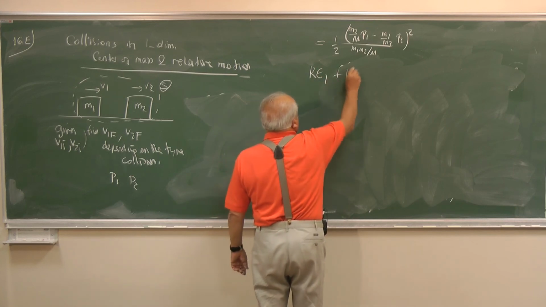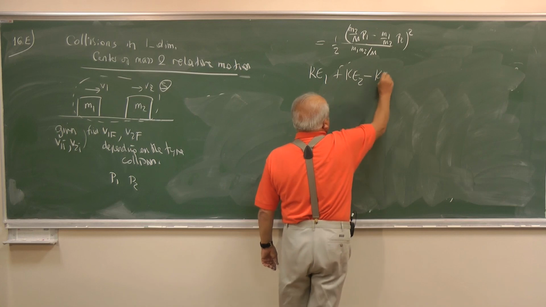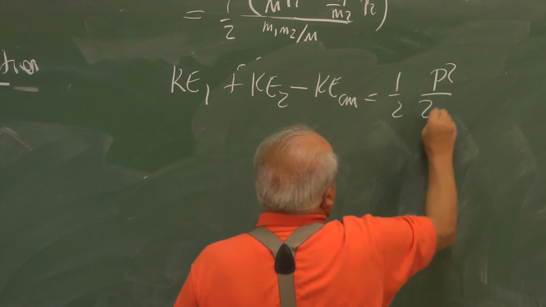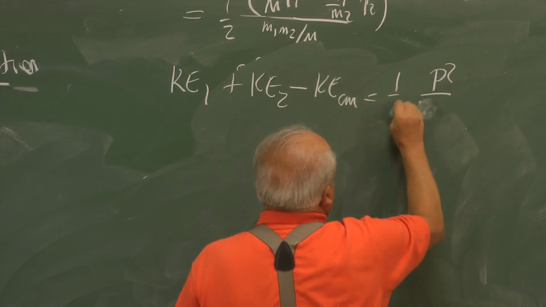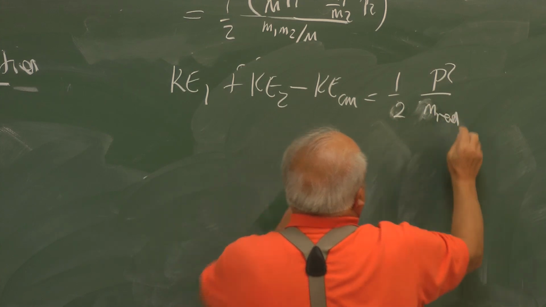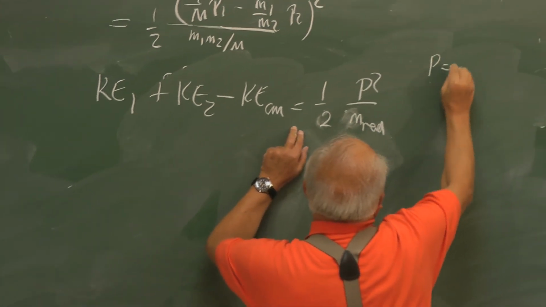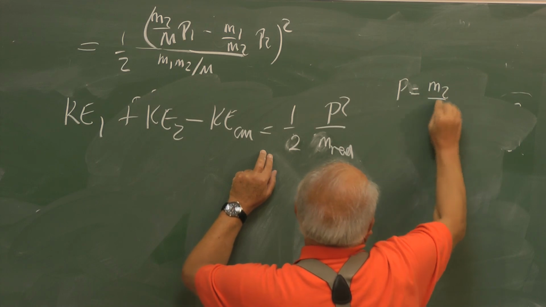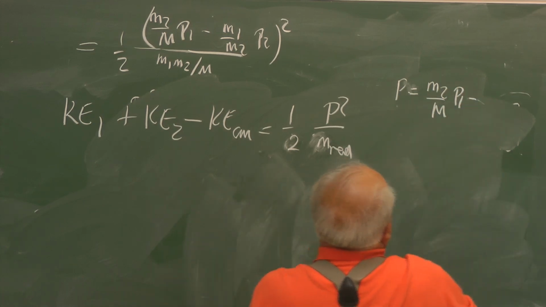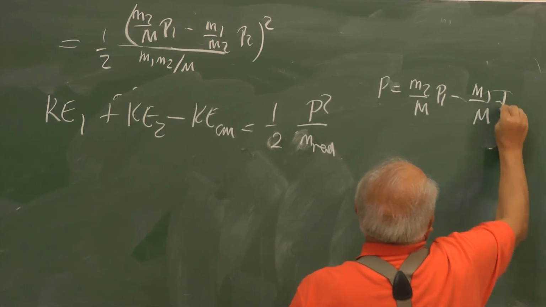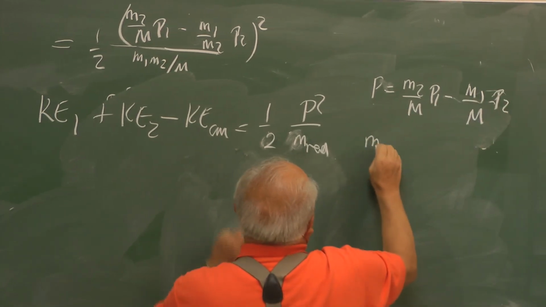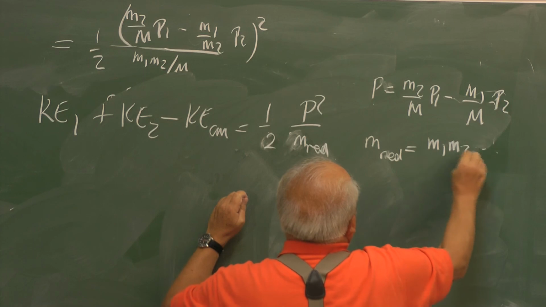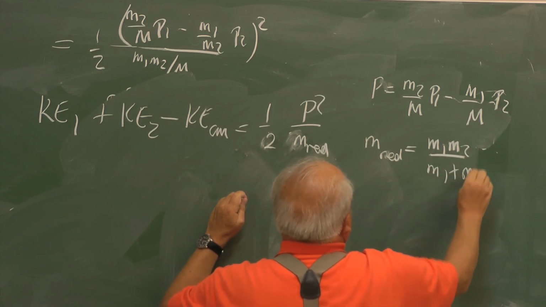Kinetic energy of the 1 plus kinetic energy of the 2 minus the kinetic energy of the central mass is 1/2 P square over 2 M reduced, where now P is defined as M2 over M P1 minus M1 over M P2, and this M is called M reduced, is M1 M2 over M1 plus M2.